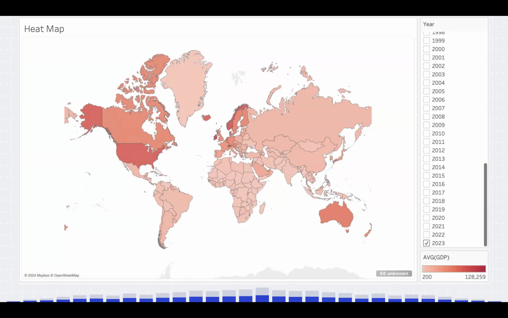Which countries have the highest GDP in 2023, and how is GDP distributed by region, and what are the differences in GDP among high, middle, and low income countries, and what is the level of economic development in different regions? And second, I will describe the method for the data cleaning and visualization using Tableau.